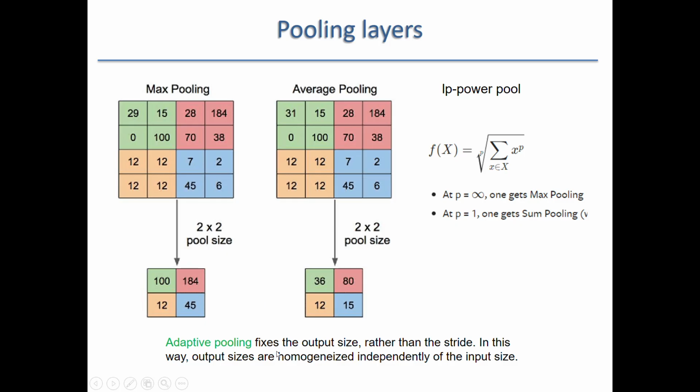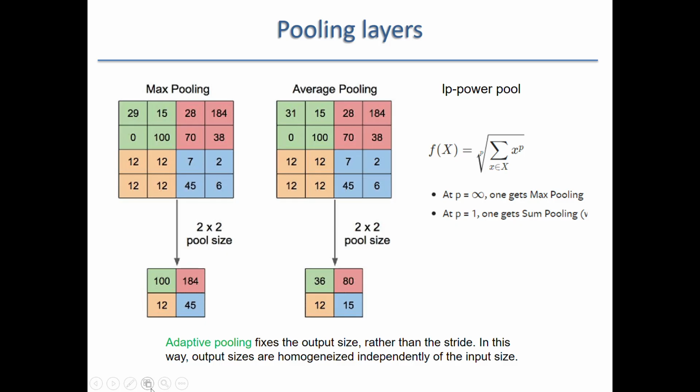There is another kind of pooling called adaptive pooling, but actually the adaptive is not related to the pooling operation itself, but the adaptive refers to the output size. So you fix the output size rather than the stride. So here what we are fixing is the stride.